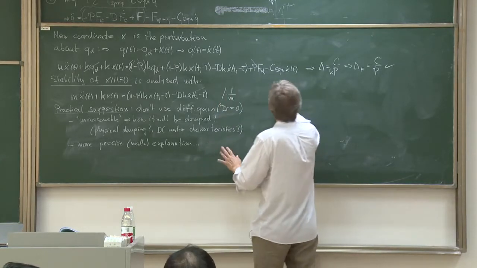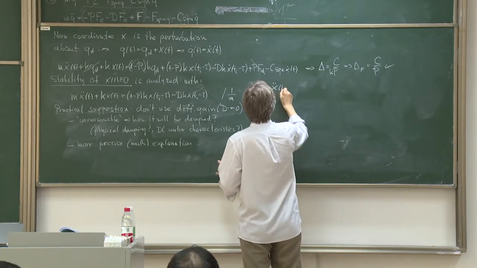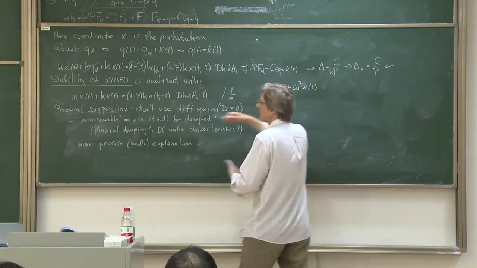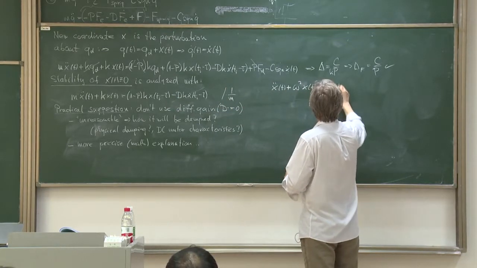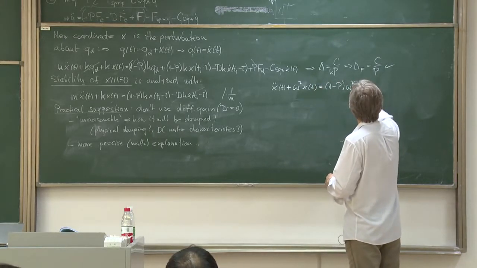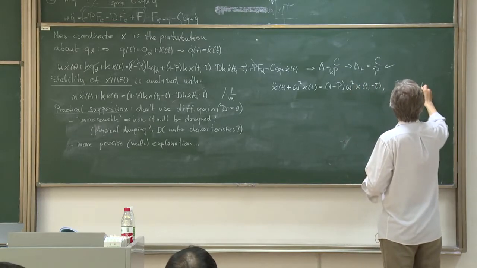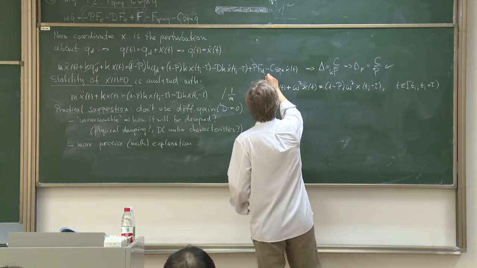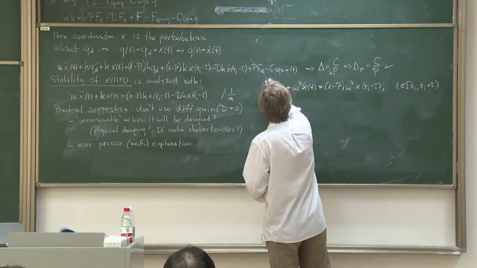So finally, the equation that we will investigate will be something like this. x double dot of t plus omega squared times x of t, because k over m is omega squared, is equal to 1 minus p times omega squared times x at t_j minus tau, where t is in the interval t_j to t_j plus tau. Okay? So I will try to put it into a frame, or maybe even not, because then I will make it dimensionless. But it's already an important equation, okay?